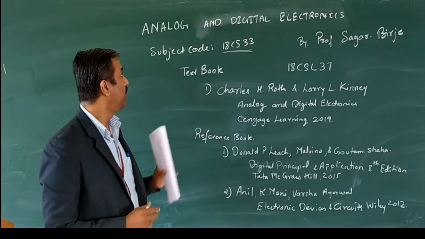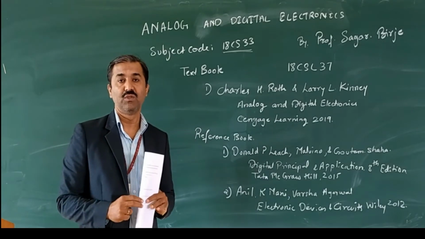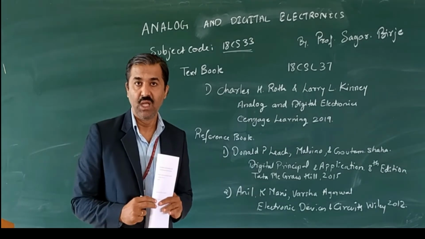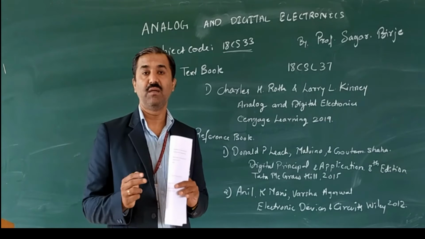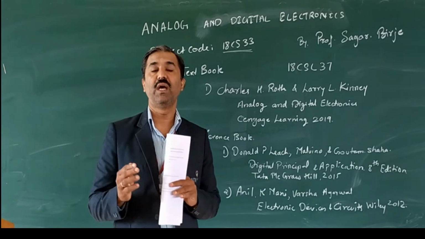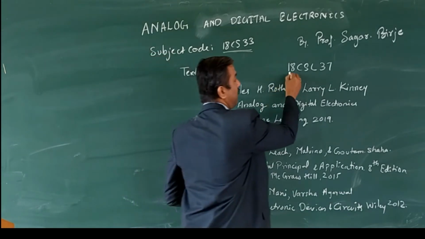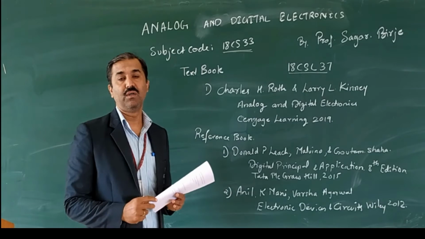We have this subject with a practical approach also. The theoretical concepts that you will be learning in this subject will also have a practical touch. That means this subject also has a lab. 18CSL37 is the code for the lab.